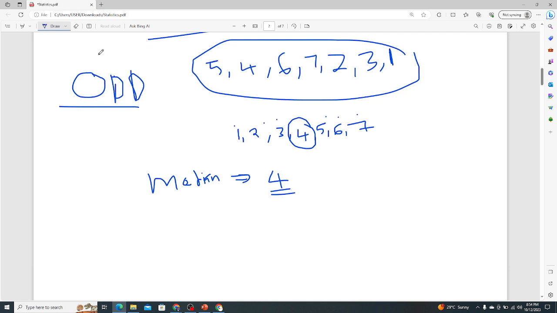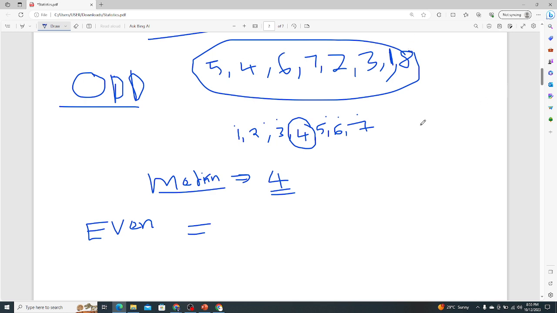Okay. Let's assume the count is even. If the count is even, we can add a value here, like 8. So what will be our median if the count is even, like 1, 2, 3, 4, 5, 6, 7, 8?